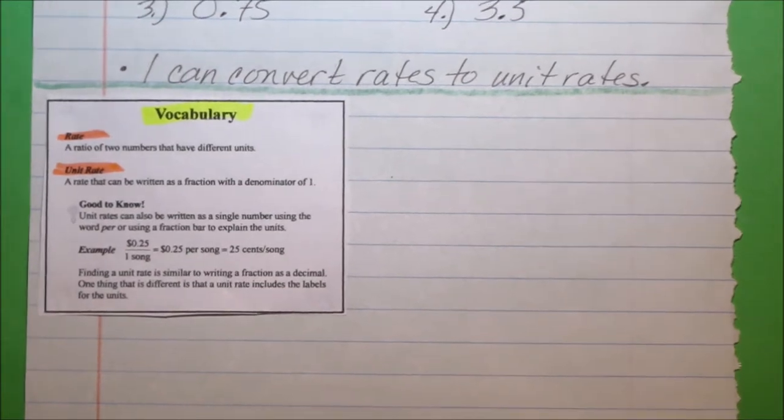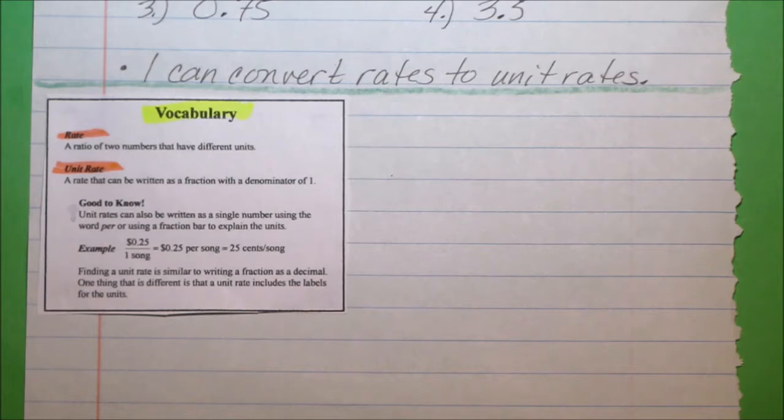All right, so let's say you're at the grocery store, and it says that you can get 10 packages of Top Ramen for $4. All right, that's a rate. But what if you wanted to know what just one package costs? That would be your unit rate. And you can do the math to figure out, well, if 10 packages cost $4, then I can figure out what one package costs.